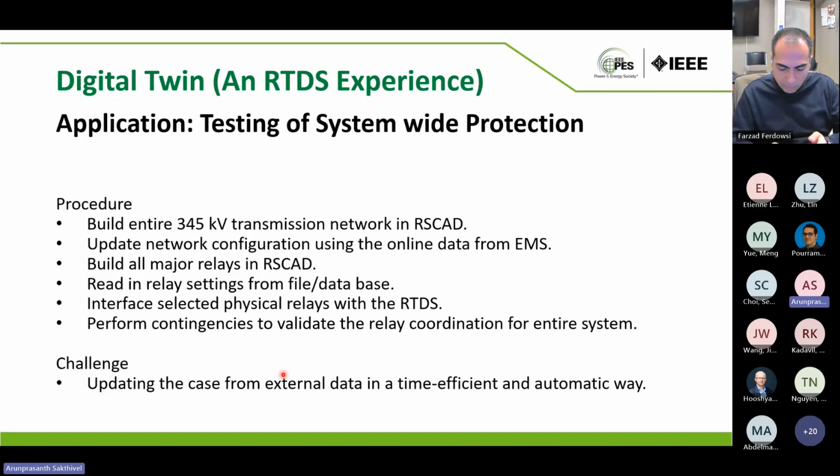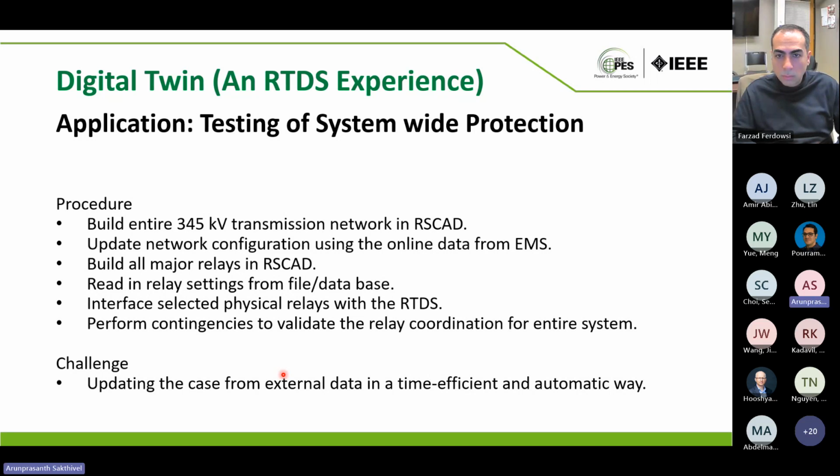Okay, so the procedure we followed: we built the entire 345 kV transmission network in RTDS and updated the network configuration using the online data from EMS. The model also included all major relays modeled inside the RTDS, and the relay settings were read from the file generated by the user.